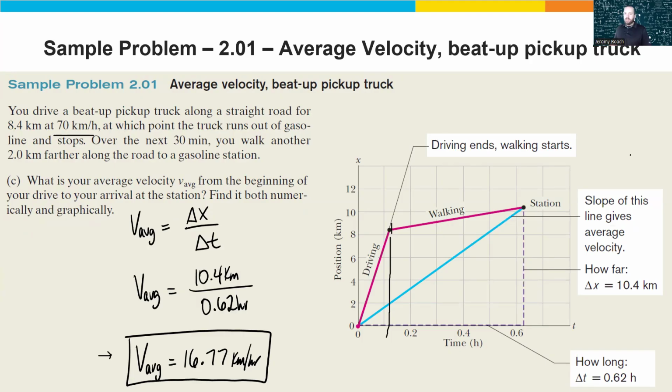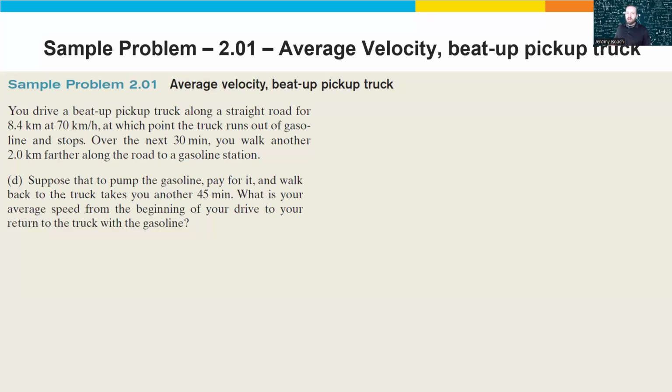Our displacement is returning back here, but it's asking for average speed. So we're still covering more distance, even though we're walking back in the negative direction. We're talking about distance now. So it takes us 45 more minutes, it says, to walk back to the truck. And the truck walk is 2 kilometers away.